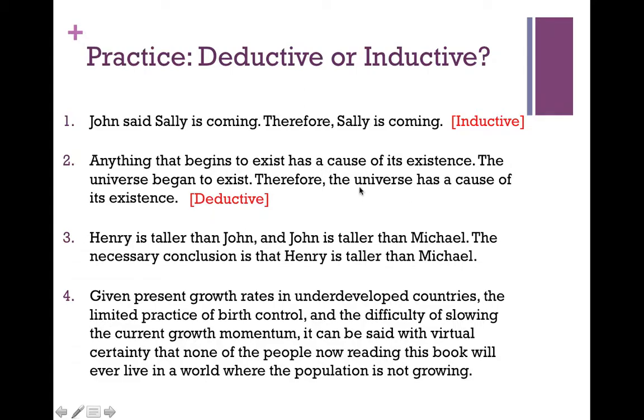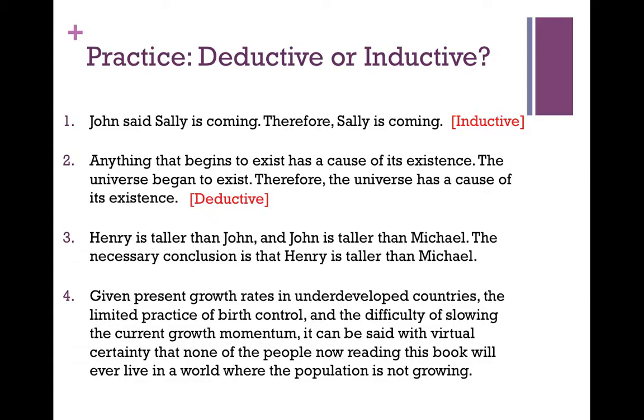Right here we have the universe, and right here we have the universe. And then we have has a cause of its existence, and has a cause of its existence right here. Exact phrasing in the premises that we see in the conclusion. So this is a deductive argument.